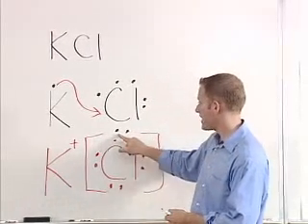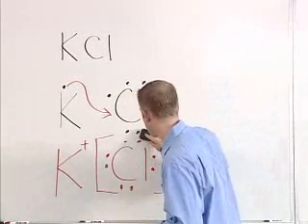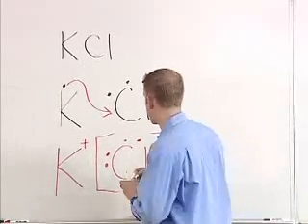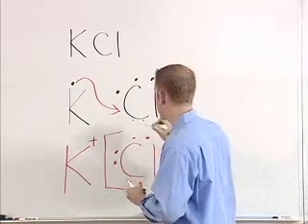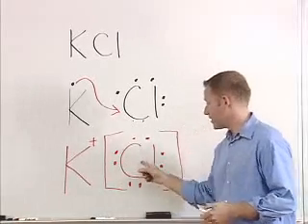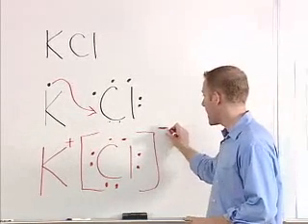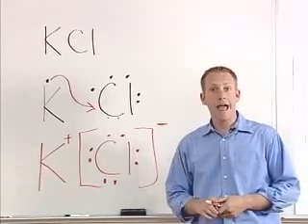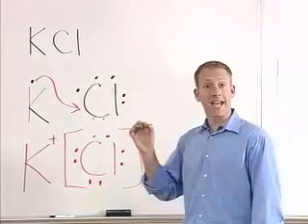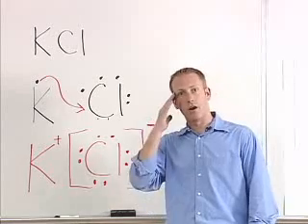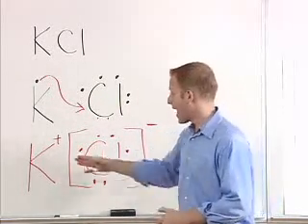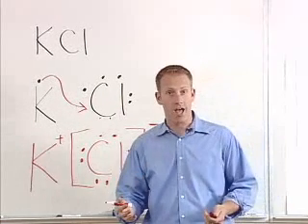Now I'm just going to erase this because it looks like it's part of it, even though it's not. And this was just from up here. But this chlorine now has 8 valence electrons for a total charge of -1. And that is an ionic bond. And now in an ionic bond, you have ions. An ionic bond forms ions.